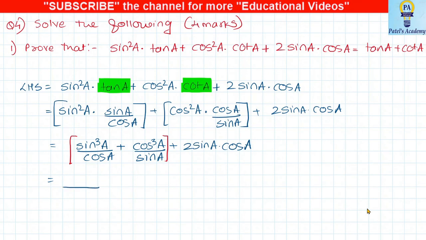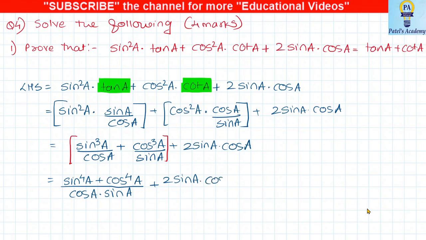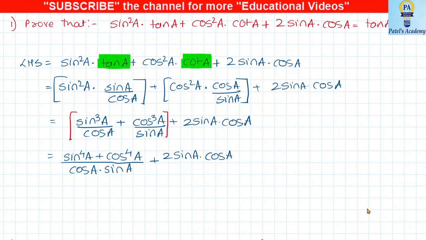So if I add the first two terms, what I'll get? Sin raised to 4A plus cos raised to 4A upon cos A sin A plus 2 sin A cos A. Now 2 sin A cos A means the denominator is 1.